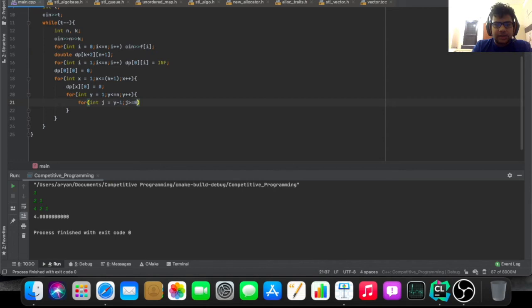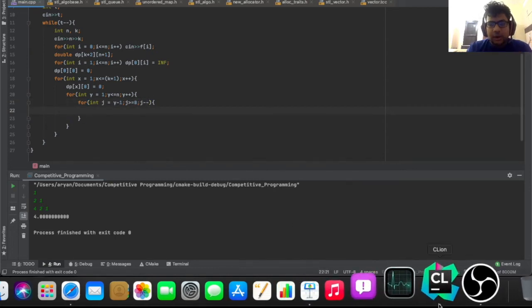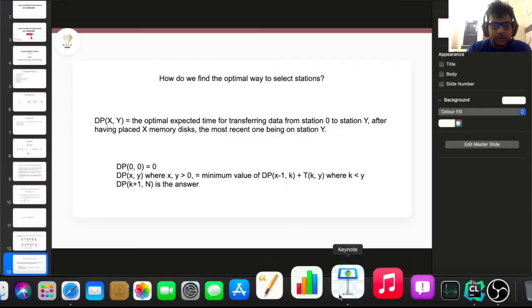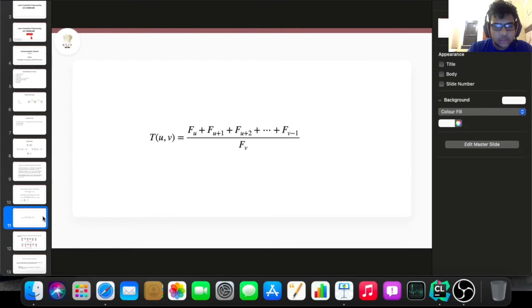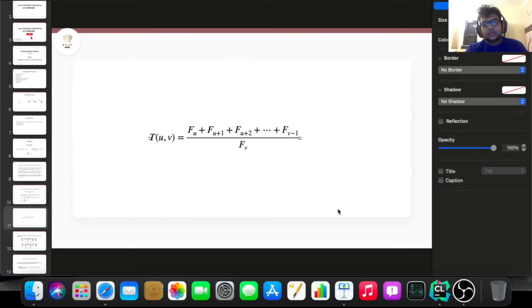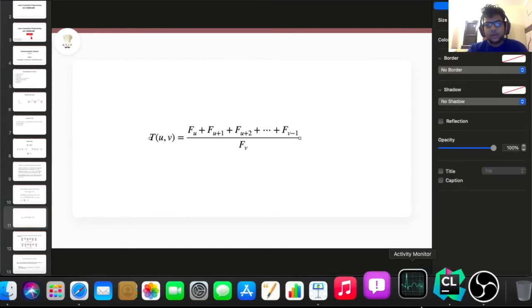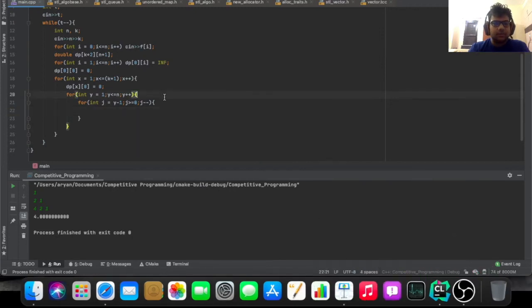Okay, and we're checking over all breakpoints to find which one is the most optimal. Now, to replicate the cost function we had found, I'm storing the numerator in a variable called sum.